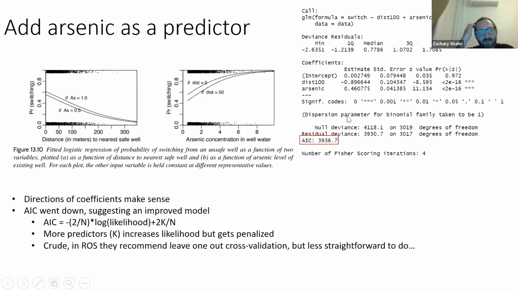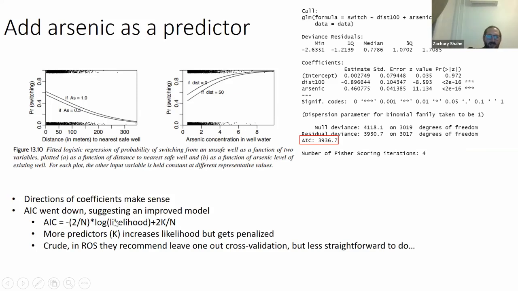The AIC is this formula. It's the Akaike information criterion. It's -2 divided by your sample size times the log likelihood. We talked about how you're trying to maximize the likelihood, right? And so negative something times the likelihood means that you're trying to minimize the AIC because you want the likelihood in your model to be as high as possible.